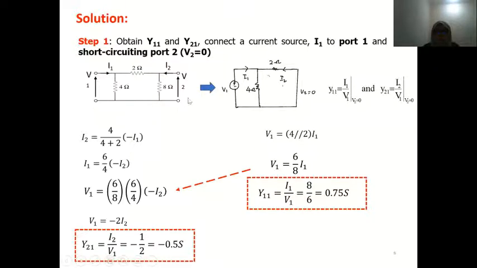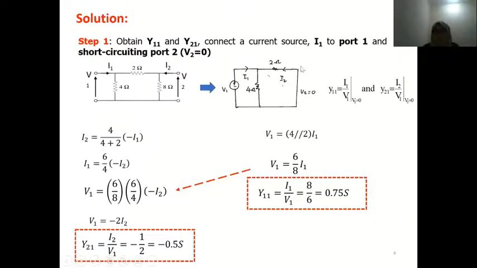The 8 ohm resistor is ignored because you short-circuit V2, so the 8 ohm resistor is in parallel with the shorted V2 terminal. The current will not flow in it; I2 will go through the 2 ohm resistor instead.